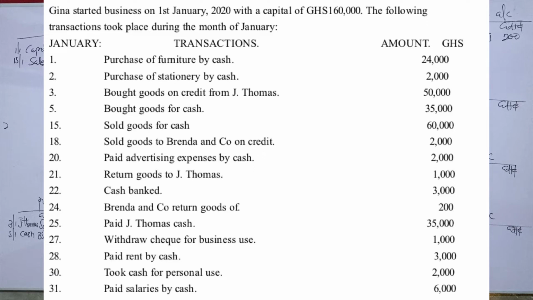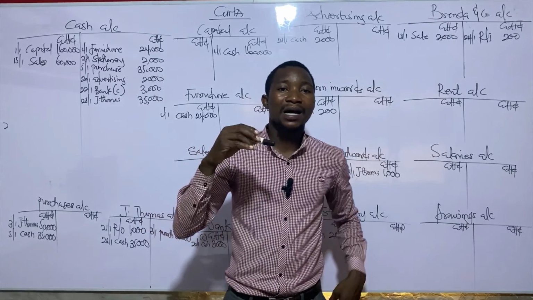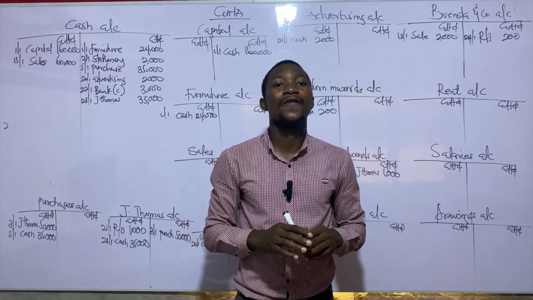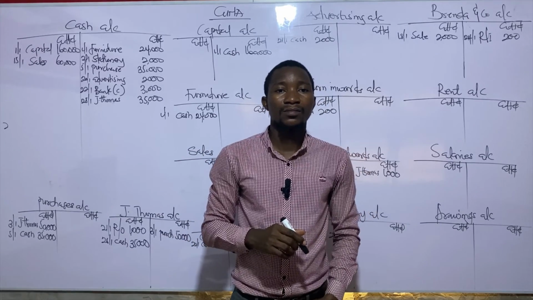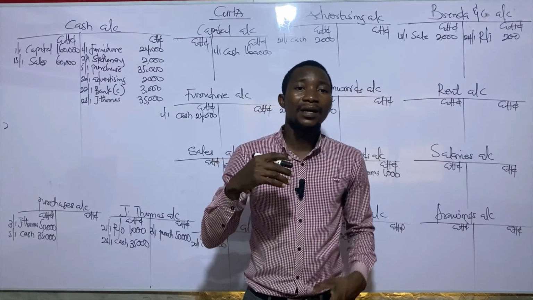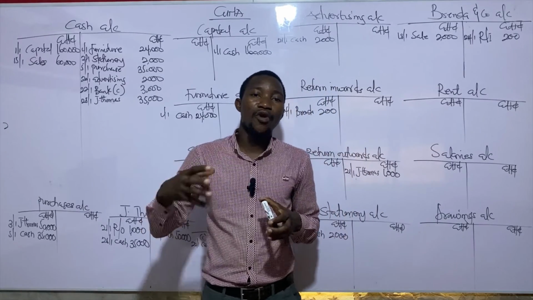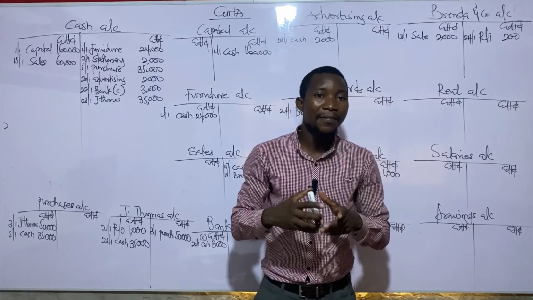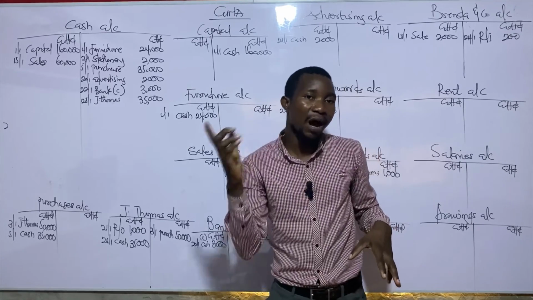Withdraw cheque of 1,000 cedis for business use. Gina, as the owner of the business, withdraw an amount of 1,000 cedis for business use. Anytime the owner of the business withdraw part of the money for business use, it means the money is still in the business. It is not out of the business.